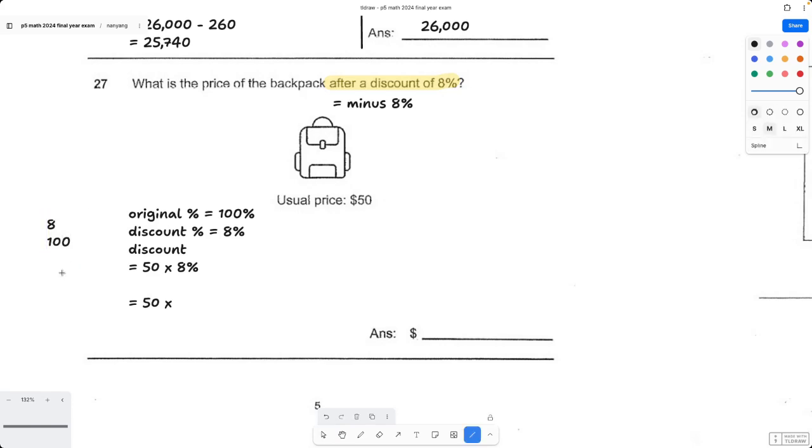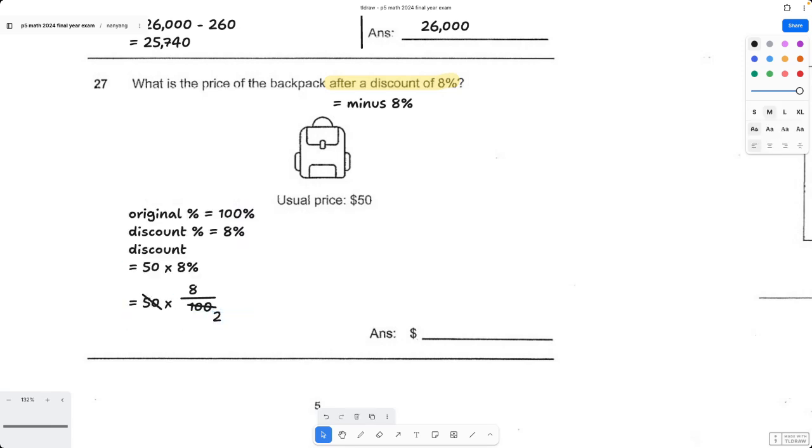We can actually simplify this. We have 50, and then we cancel this into 2. So 8 divided by 2.